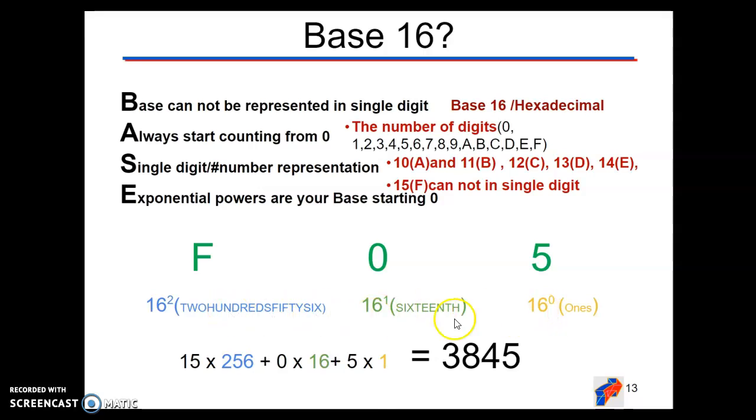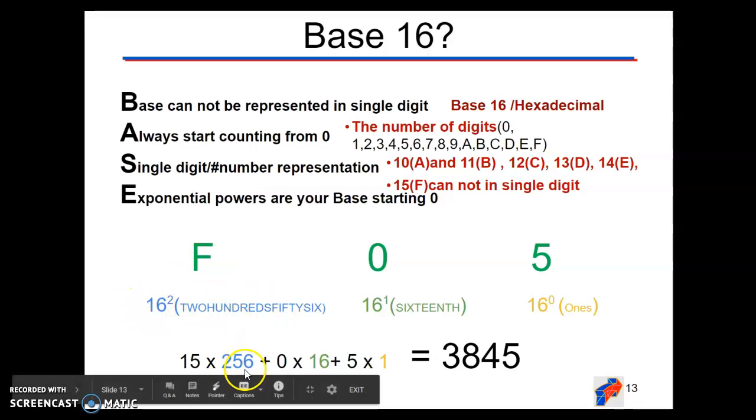Start from 16 and put exponential powers 0, 1, and 2. So F is 15 times 256, 0 times 16, 5 times 1. Okay, and that I find F05 in hexadecimal means 3845 in decimal.